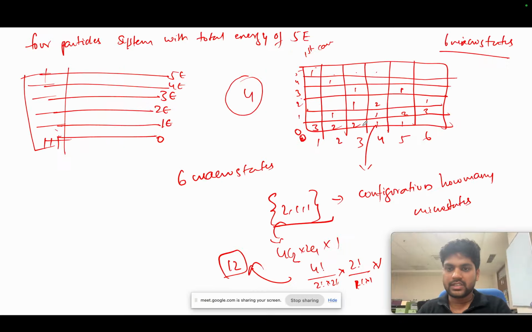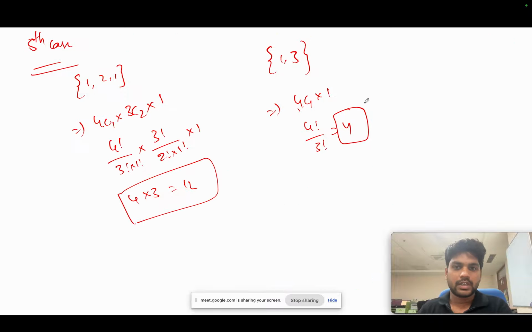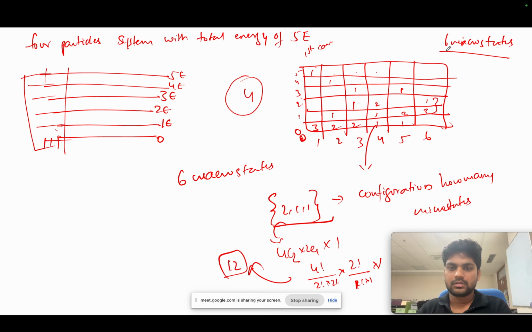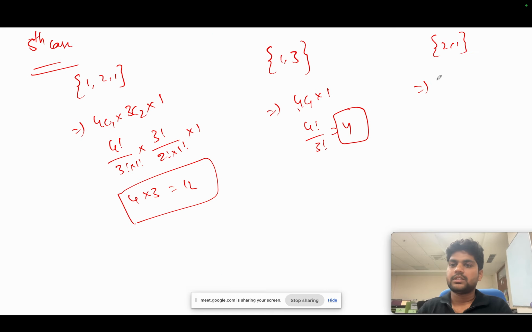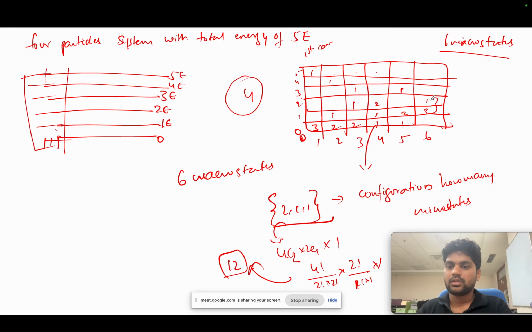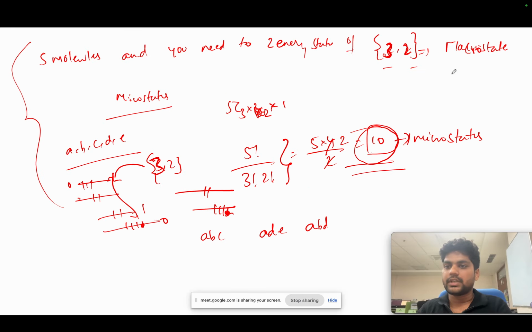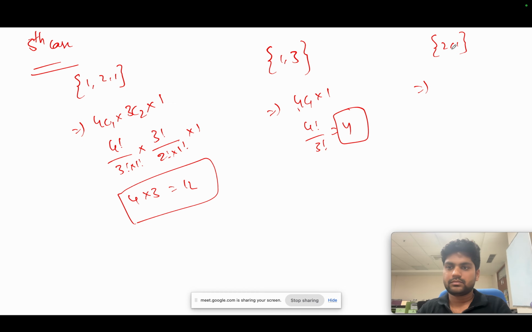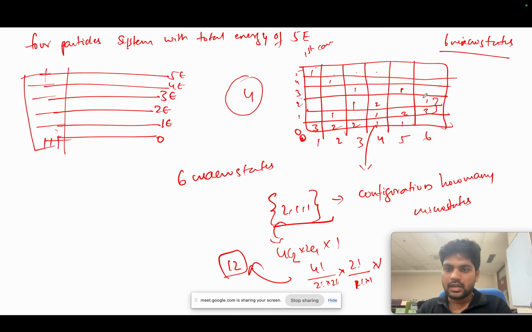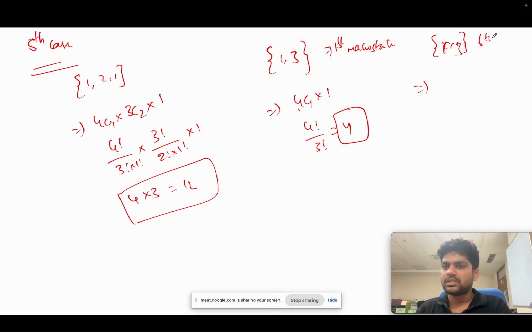If you take any two cases, say the 2, 1 condition, here also you need two molecules. Sorry, I think 1, 3. This is for the first macrostate, and this is for the last, sixth macrostate. So here also we will get 4 microstates.